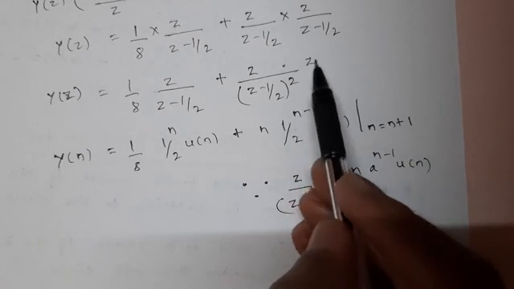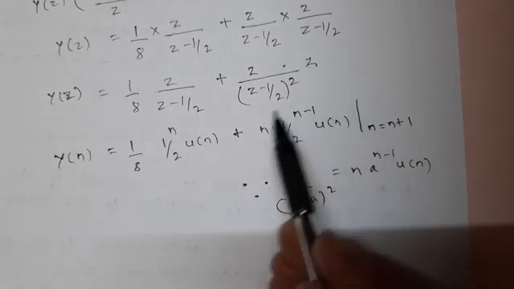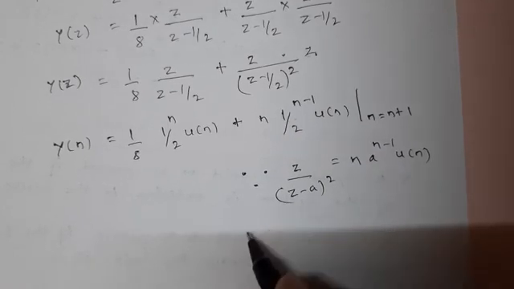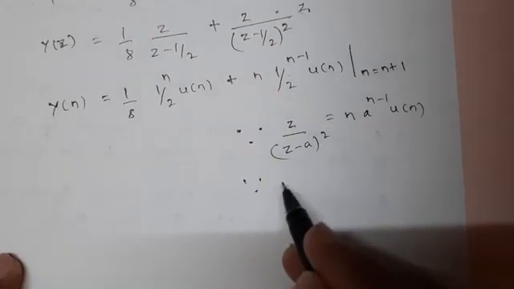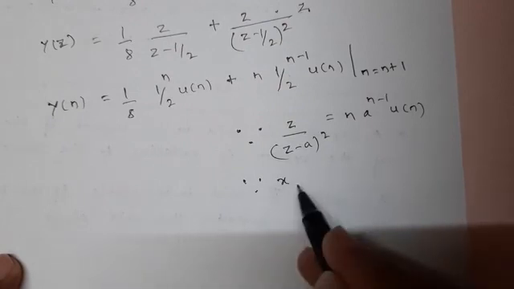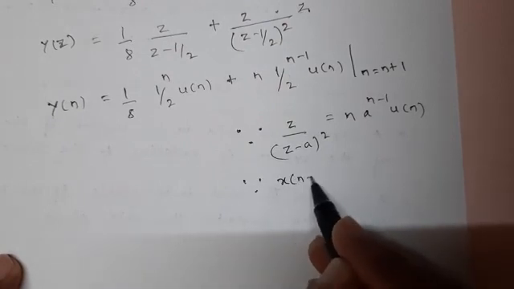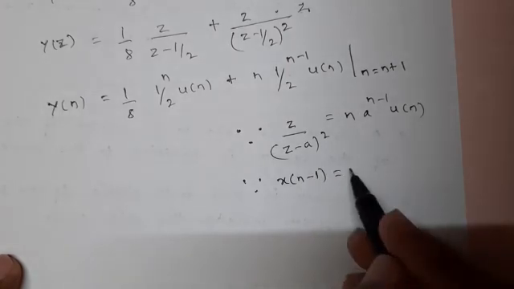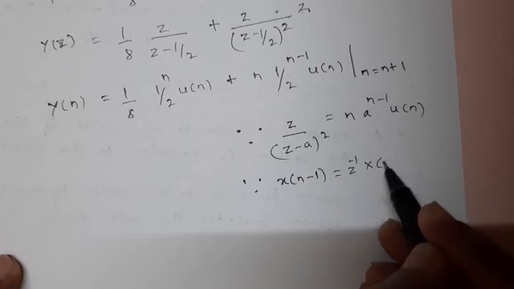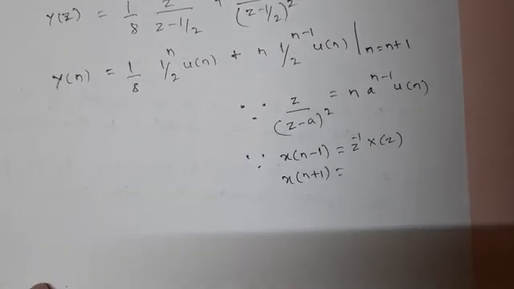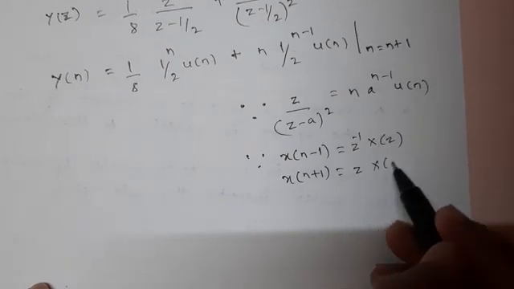To compensate for this extra z, I am trying to shift this by 1. Now what is this shifting again? You have seen that. The z transform of x of n minus 1 is z inverse times x of z. If it was x of n plus 1, then it is z into x of z.